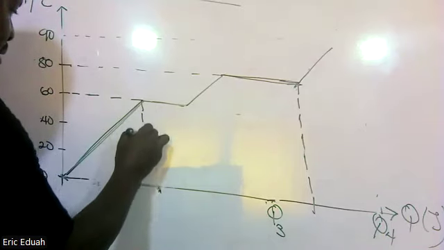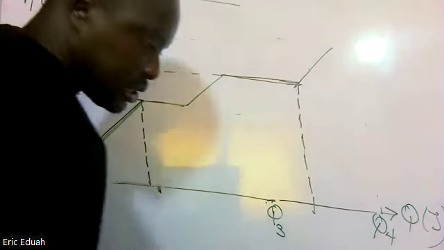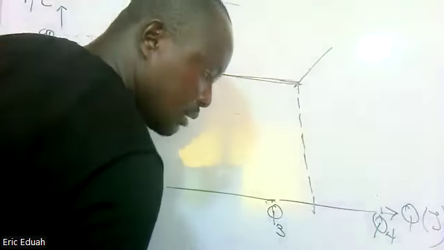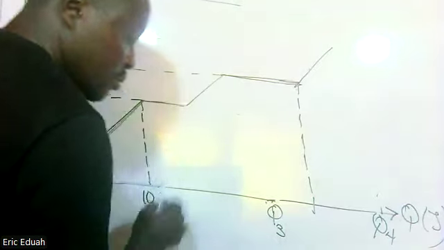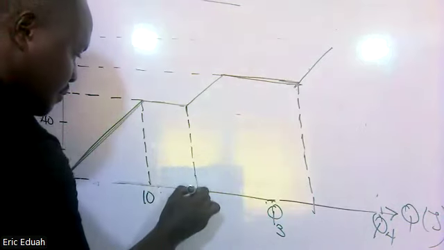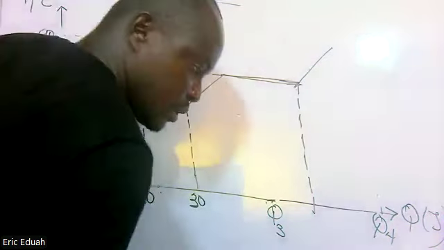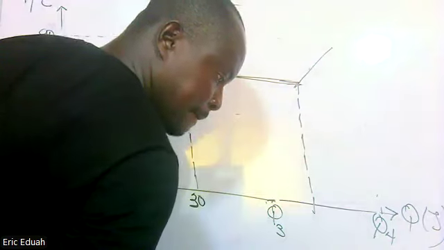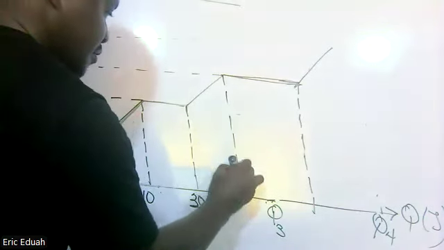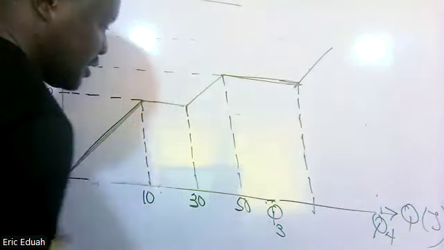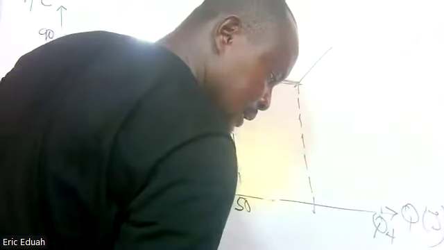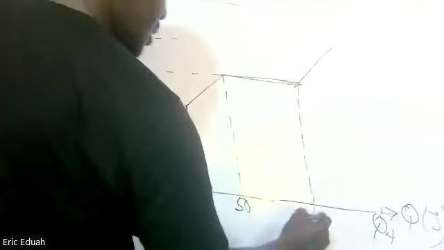So we have this part as a temperature of 10, then heat energy of 10. Melting, this is 30. Then we have 50. Then this is 100.